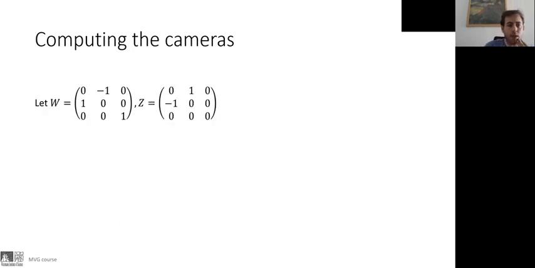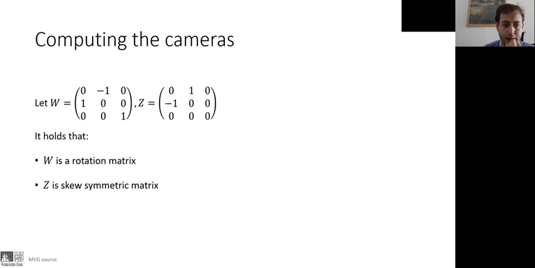So next, we define the following two constant matrices for every decomposition, which we will use. It's just these two fixed matrices, where W is a rotation matrix and Z is a skew symmetric matrix, which is easy to see because of the minus sign for the off-diagonal elements.